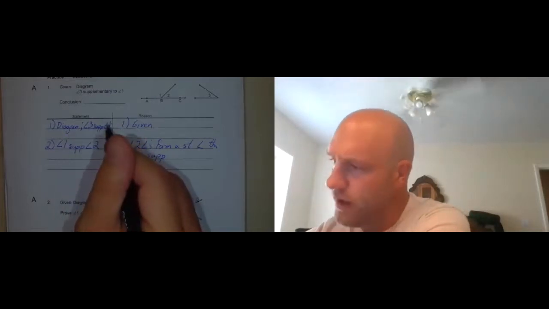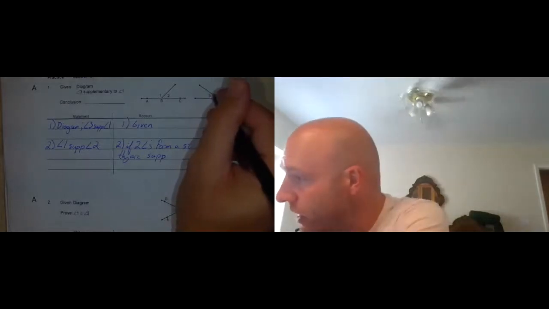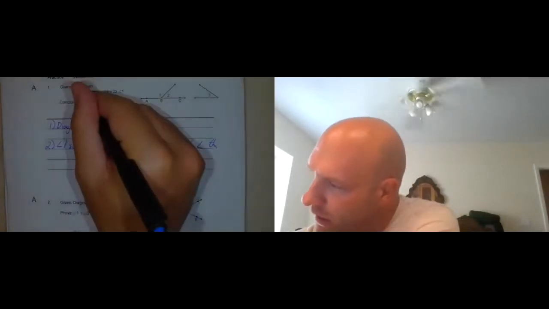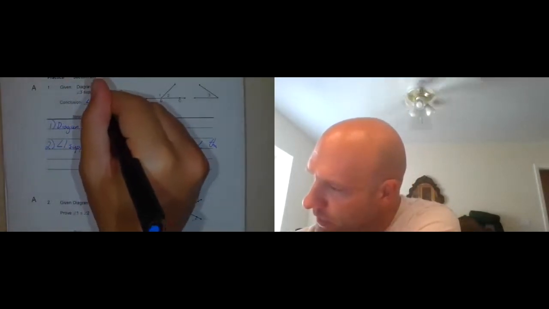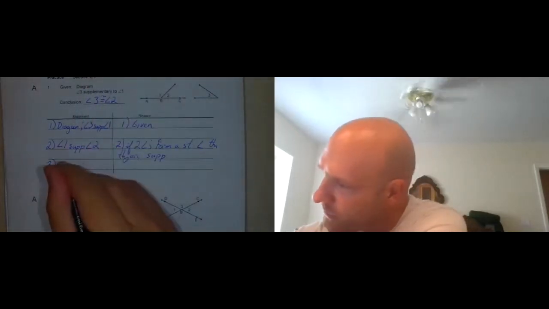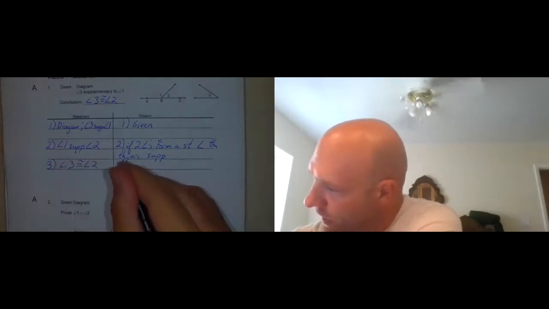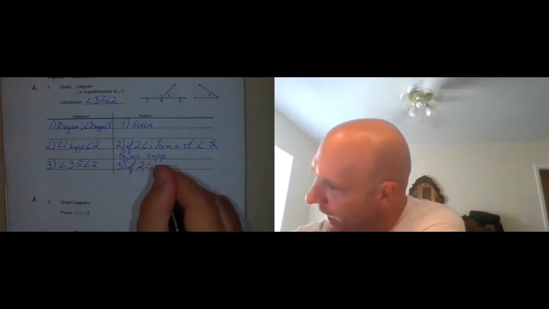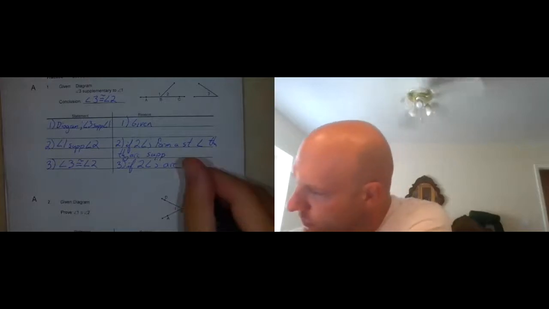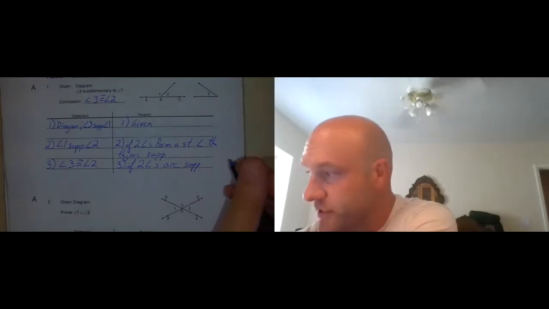Okay, so now I have 1 supplementary to 2, and they told me that 3 was supplementary to 1. Oh, okay, this seems to be using our previous theorem to say that angle 3 and angle 2 are congruent. Angle 3 is congruent to angle 2 is what I am trying to prove here. I will do it by saying: if two angles are, well, in this case, they're both supplementary, supplementary to each other, no. To the same angle, yes.